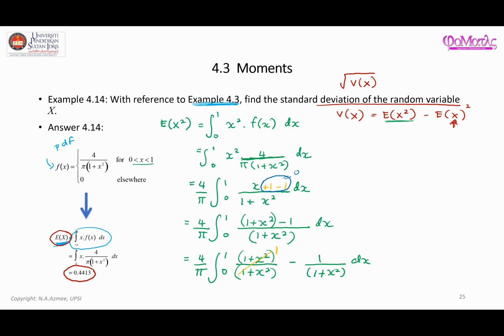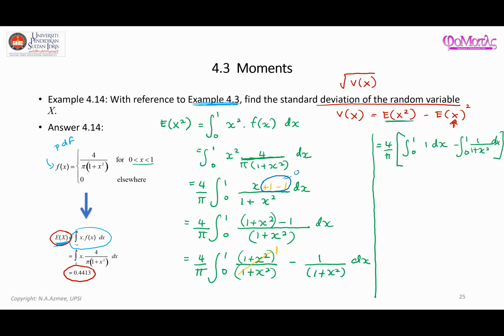Okay, and the next process will be I'm going to separate the process of this integration that we have over here. So we're going to have 4 over pi, and then the integral from 0 to 1 of 1 dx, and the next one is the integral from 0 to 1 of 1 over 1 plus x squared dx.